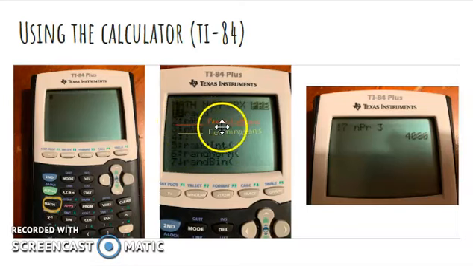And one is nPr, which is permutations, and the other is combinations. And one important thing to remember here is that the way you enter permutations and combinations is you have to enter the n first, and then you do nPr, and then you do k, so 3, and then you just get your answer. It's so easy, and it'll help you on your quizzes and tests and stuff like that.